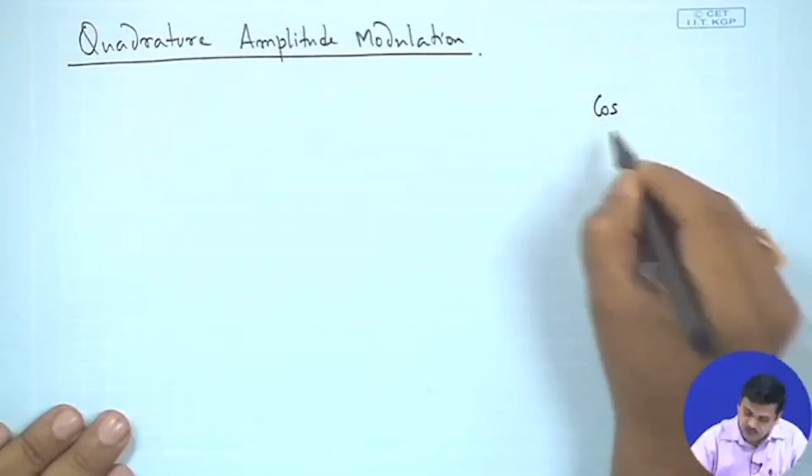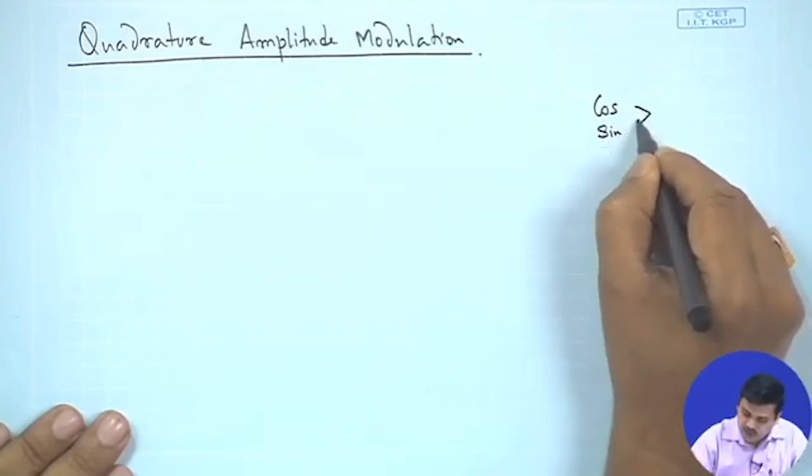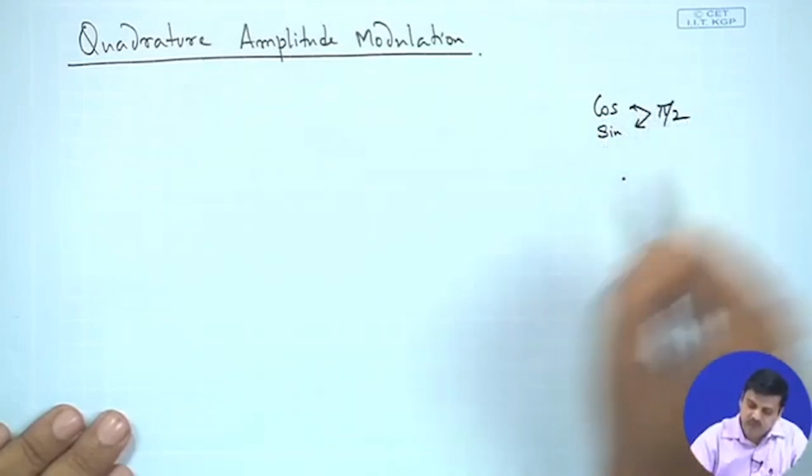If it is quadrature, we have introduced the term quadrature in the previous lecture, and a few minutes back also we have talked about quadrature. So, quadrature for us would mean carriers which are in quadrature with each other. That means there is a cosine and there is a sine which are at 90 degrees with each other.